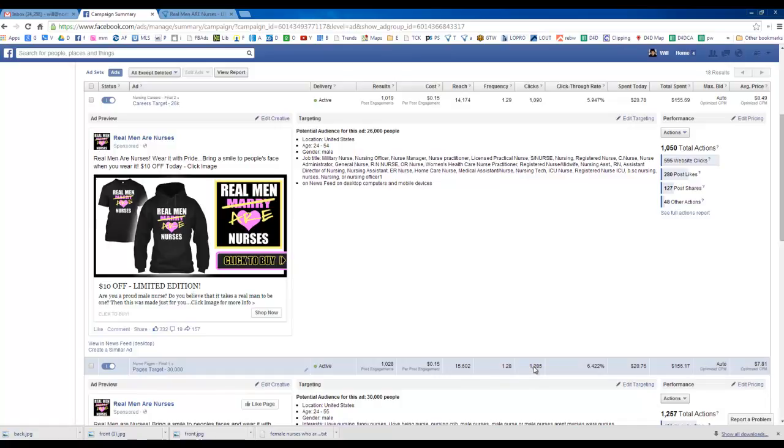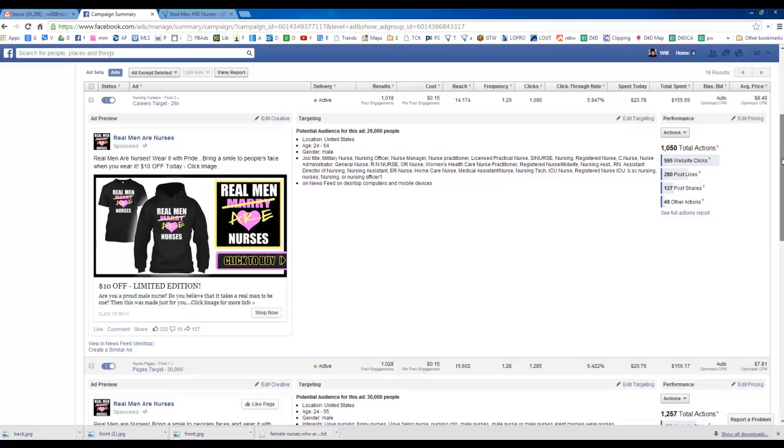We are at 1,090 clicks there, 1,285. Total spent for each campaign, 155 here, 156 here, and our optimized CPM is 7.81 per 1,000 impressions, and here it's 8.49. And these will fluctuate.